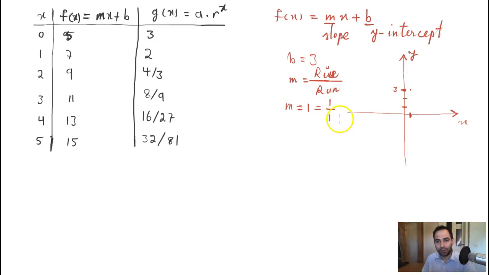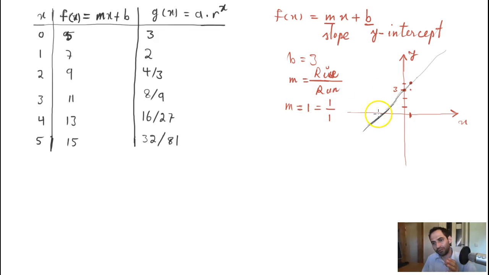For 1 unit of horizontal run, I have 1 unit of vertical rise, and then I end up right here, and that becomes the other point on the graph of the function. The function will look like this. So the slope of this function is 1.